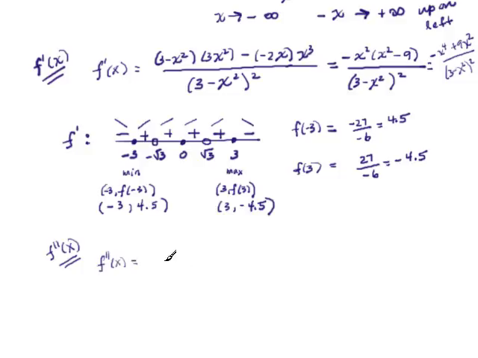All right, again, quotient rule. Square this denominator, and now we have 3 minus x squared to the 4th. Put this denominator up here, that's 3 minus x squared squared. Derivative of the numerator, minus 4x cubed plus 18x.